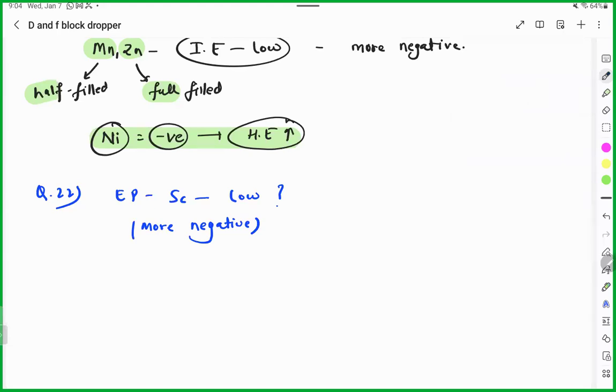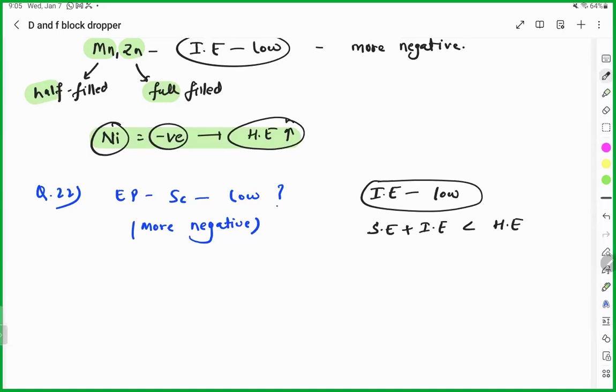Sublimation energy and ionization energy. Ionization energy is very, very low. Why? You easily remove the third electron and become noble gas configuration. So if ionization energy is low, then it will be more negative because overall hydration is taking the upper hand. Sublimation energy plus ionization energy is lesser than the hydration energy. So this is always the general rule. More negative means hydration is more. More positive means ionization enthalpy is more.